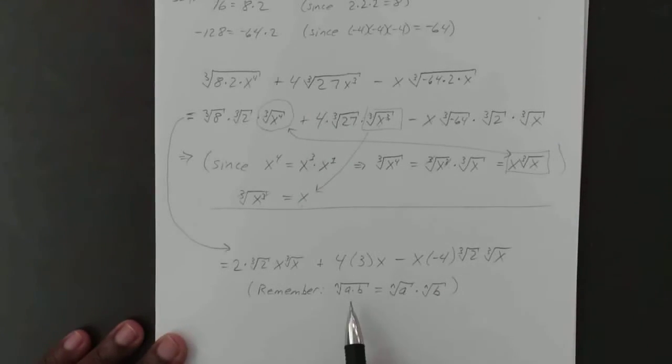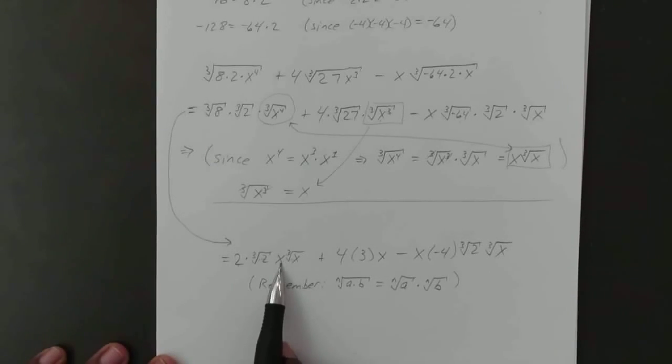It works the other way too. So if you're multiplying two factors, I guess you could say, with the same index, you can just combine them. So that means cube root of 2 times the cube root of x. Remember, all these are just multiplied. Cube root of 2 times cube root of x is just cube root of 2 times x.